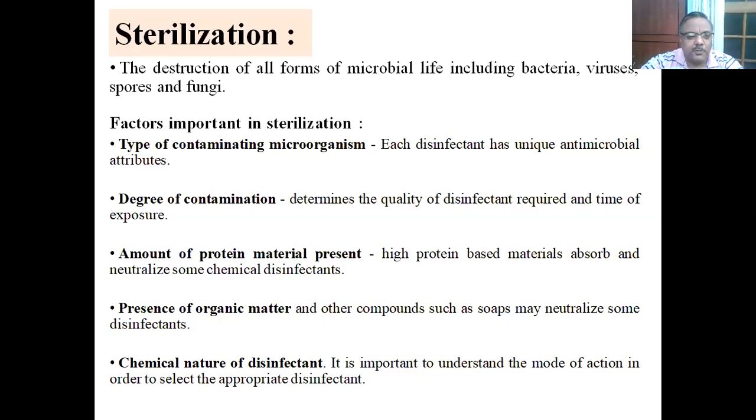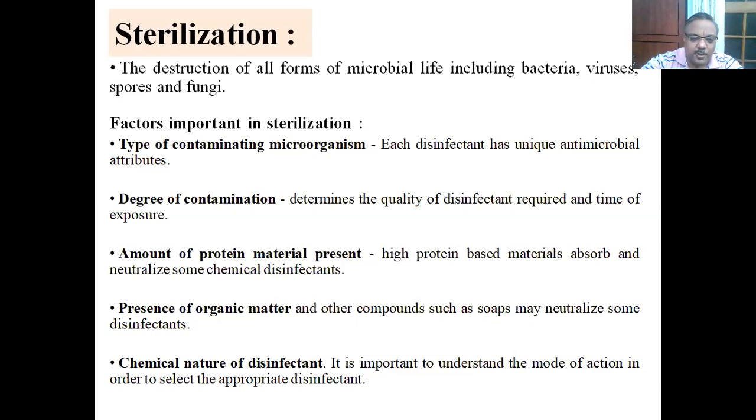The foremost factor is the type of the contaminating microorganism, whether it is bacteria, virus, spores, or fungi, and if possible, which kind of bacteria, which class of bacteria. Second is the degree of contamination. What is the count? How many bacteria are there?